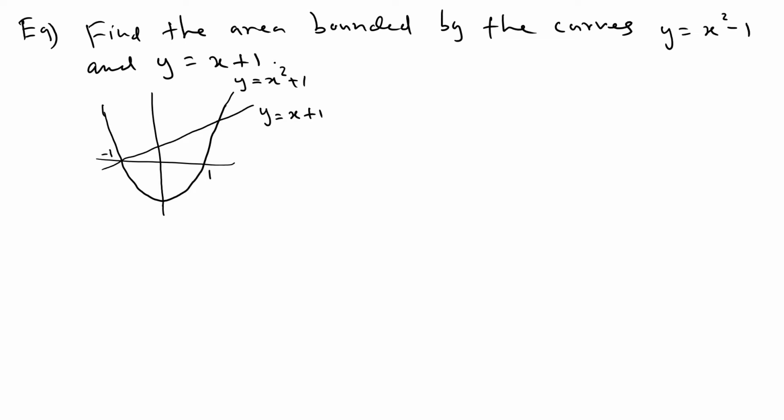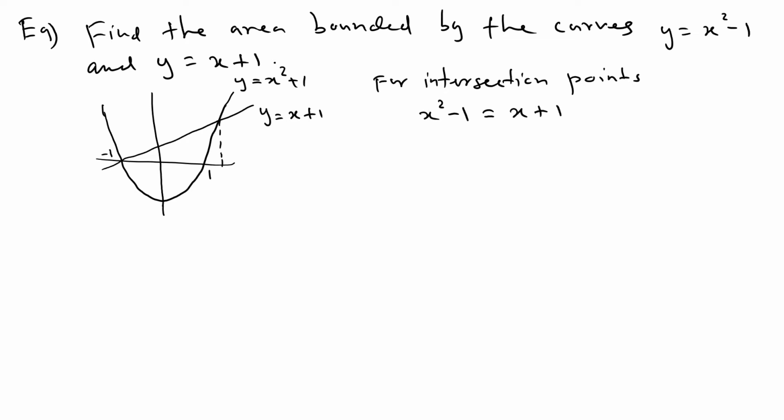Now the goal is to find this point because we need the integration limits. What is the point? For intersection points, we can set the y values equal. That means x squared minus 1 equals x plus 1.